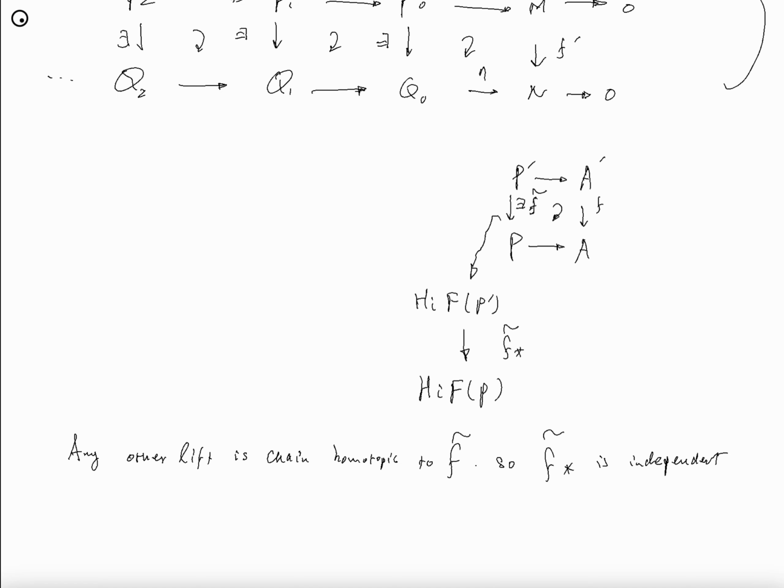The chain homotopy is exactly telling you that their homology groups are isomorphic, giving the same homology groups. So this F tilde star is independent of the choice of the lifting, and hence we have defined a well-defined map. Let's just define this to be our H_i F.